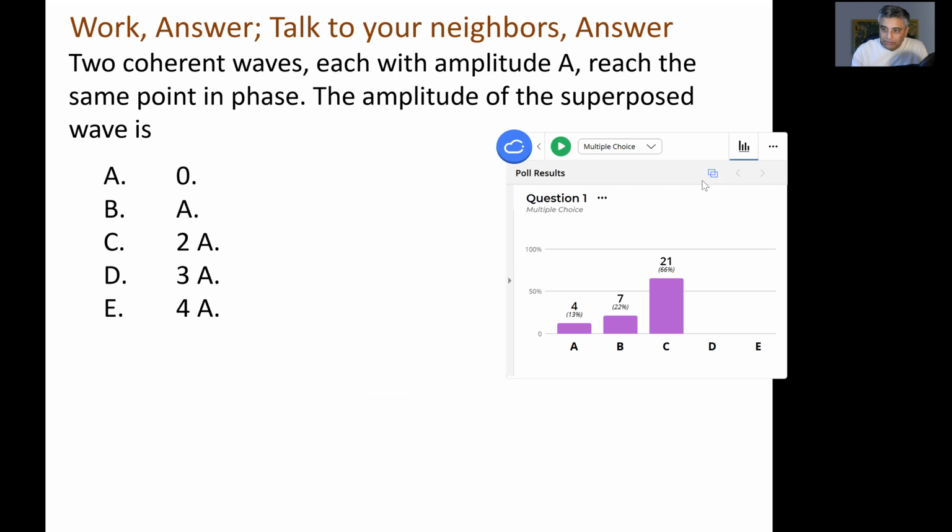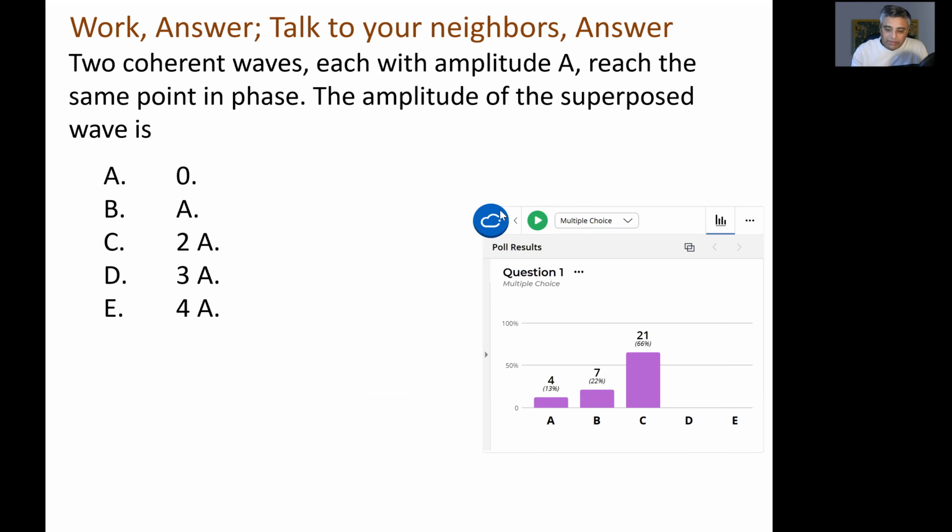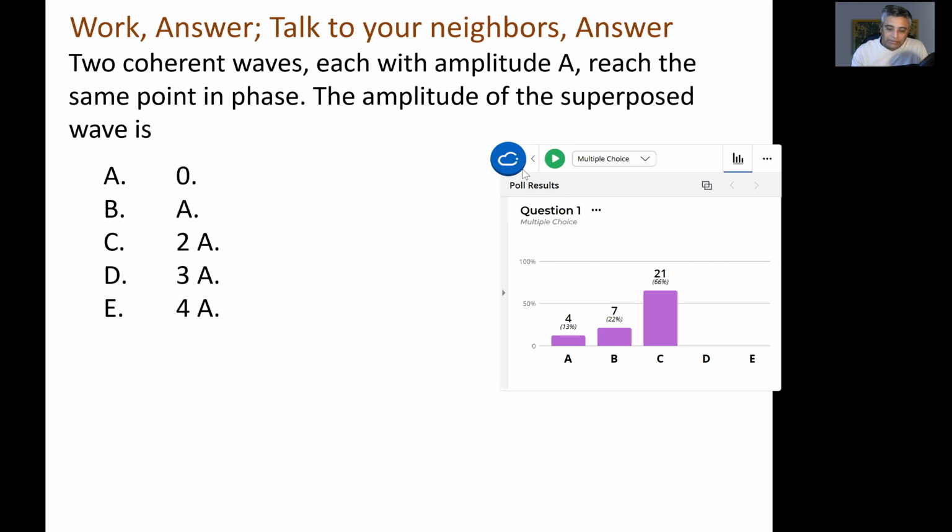Let's see, how did we do here? So both of them have amplitude A, so that means it's like saying A1 is A, A2 is A. So when we have constructive, same point in phase means they are lining up in the same direction, right?